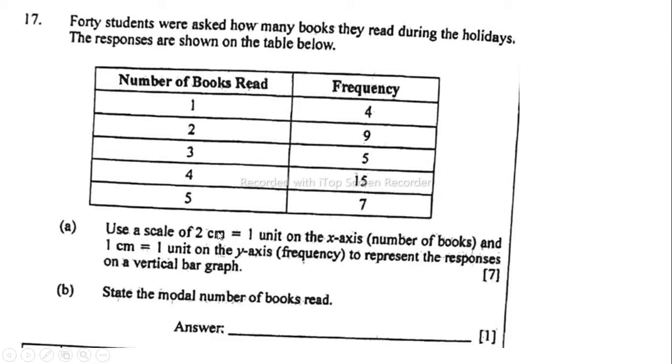So remember, 2 centimeters to 1 unit. That means that for every 2 blocks, that's going to count as 1 unit for our x-axis. And we have 1, 2, 3, 4, 5. So the number of books is going to be on the x-axis.